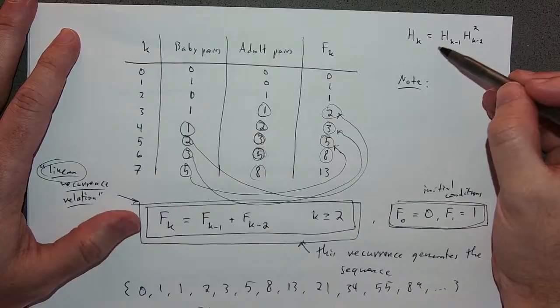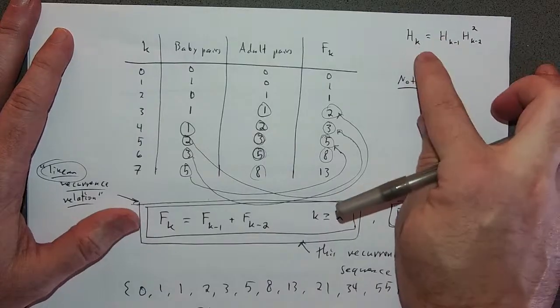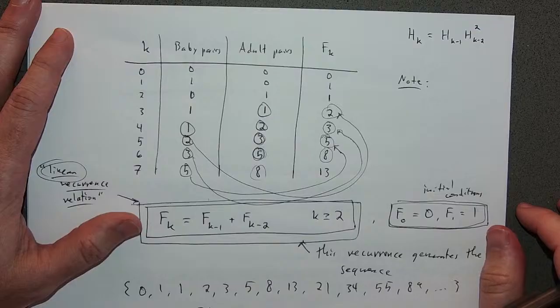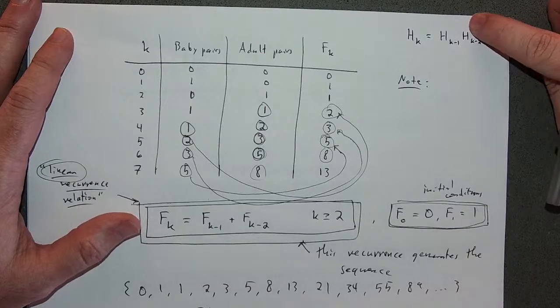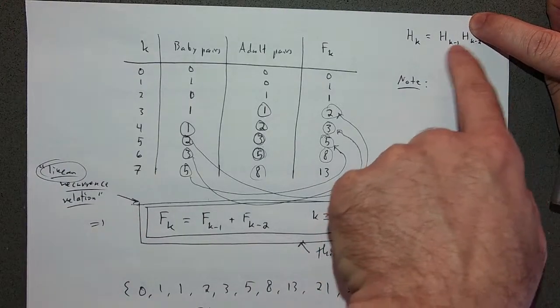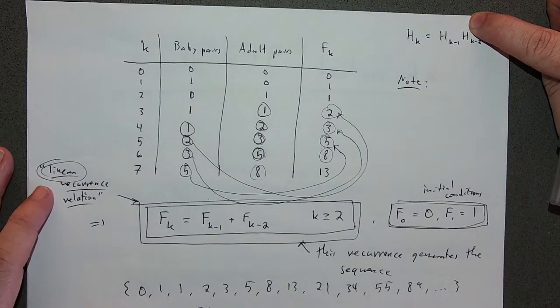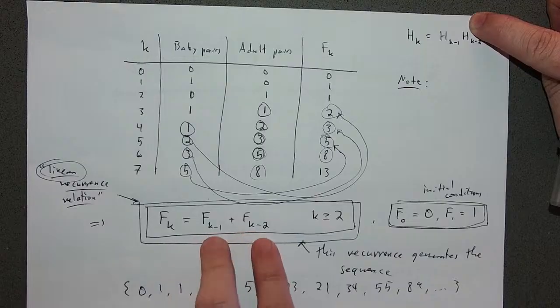This is an example of a nonlinear recurrence relation because this does not depend linearly on the terms that came before it. This squared term isn't even needed. The fact that I'm multiplying these two is already a nonlinear term with respect to these previous entries. Adding these two things is fine.